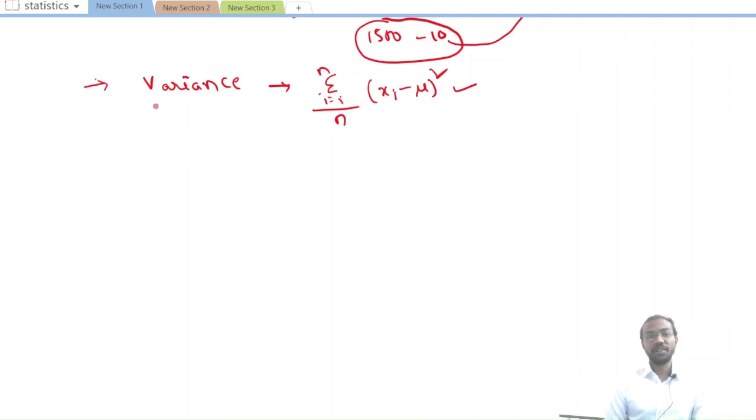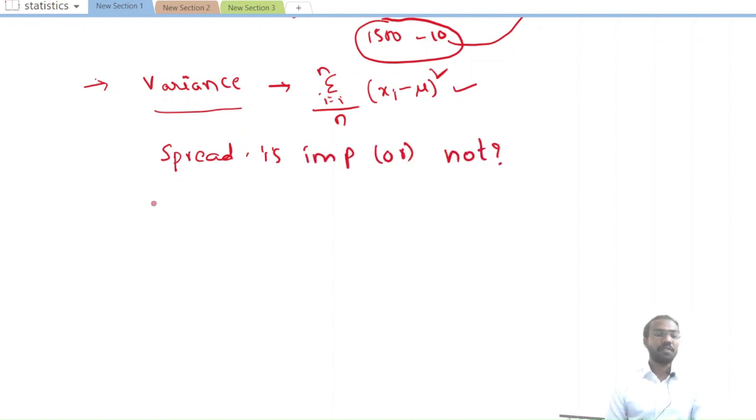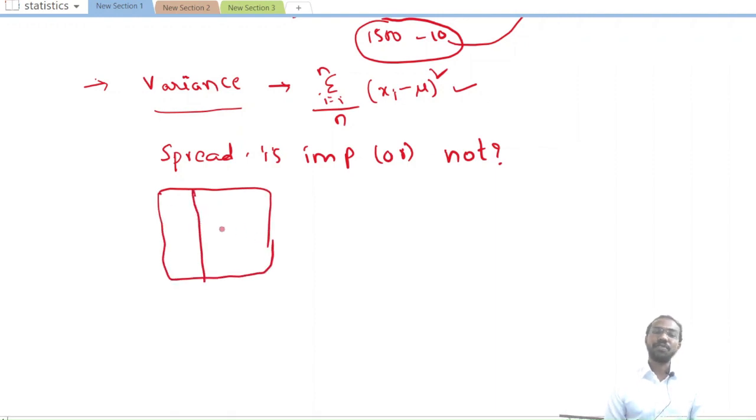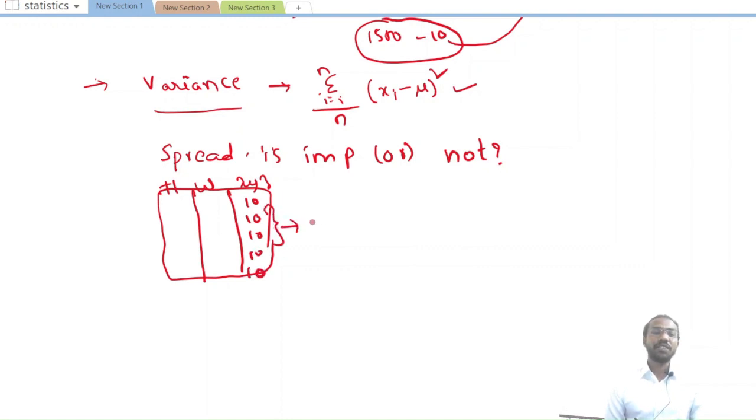Before discussing variance, we need to know whether spread is important or not. I will take an example, because every time we go through an example, only then do we understand the concepts. This is a height column, this is a weight column, and another is an XYZ column that contains only tens. When we calculate the difference between these data points, every time we get the value 0. Zero means there is no spread.